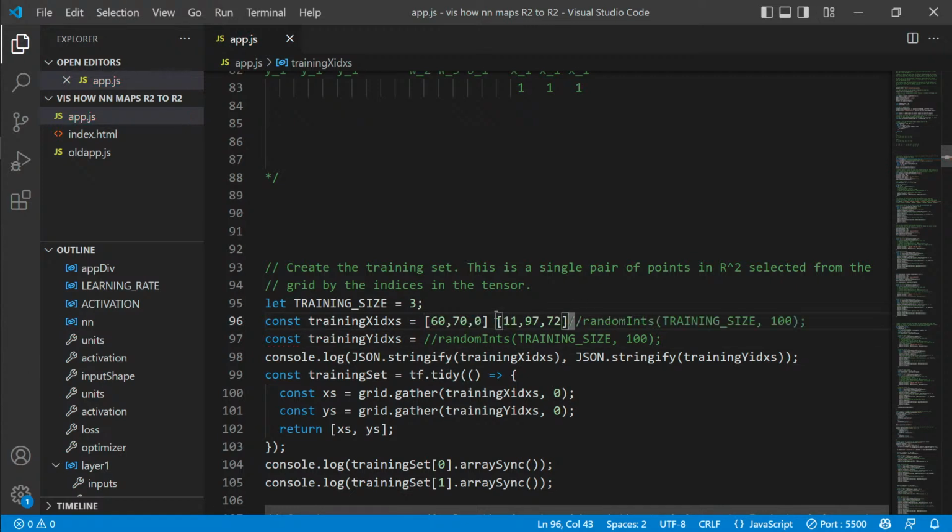Those are the input points by index, right? They do index into the actual grid, which gives actual floating point 2-dimensional points, but we're keeping everything on the grid. Not really for any particular reason.